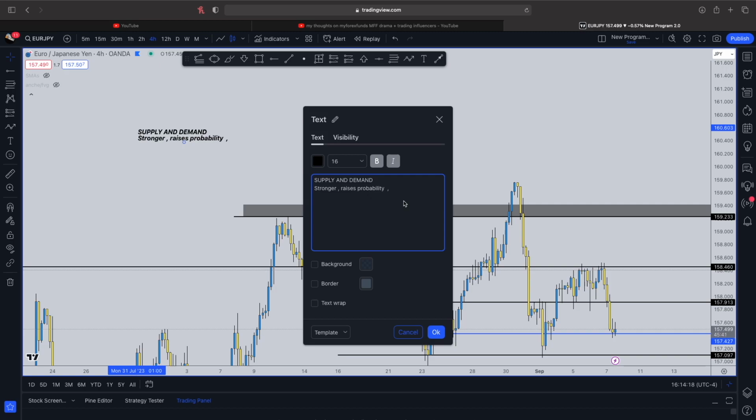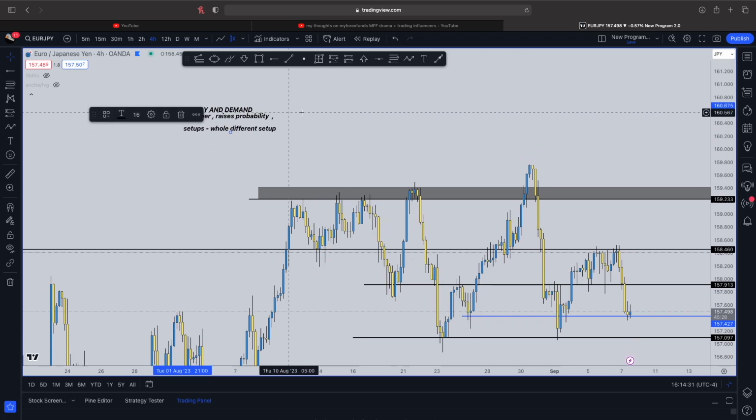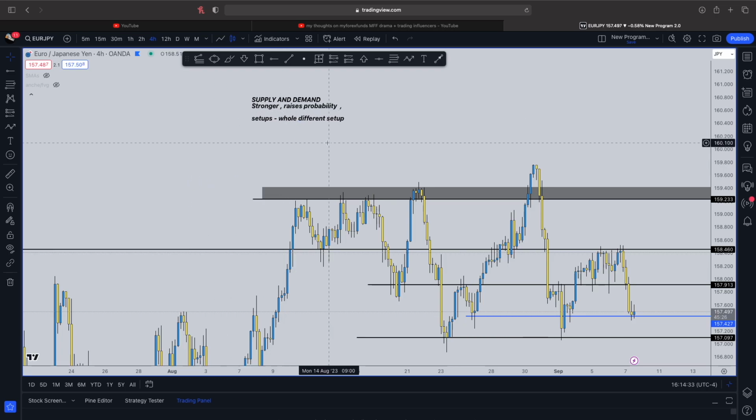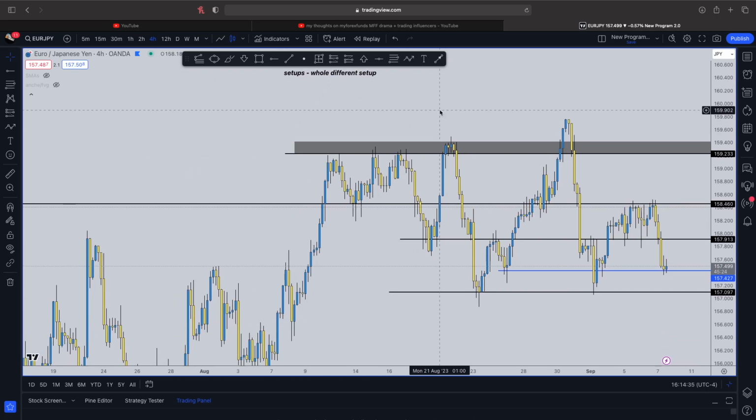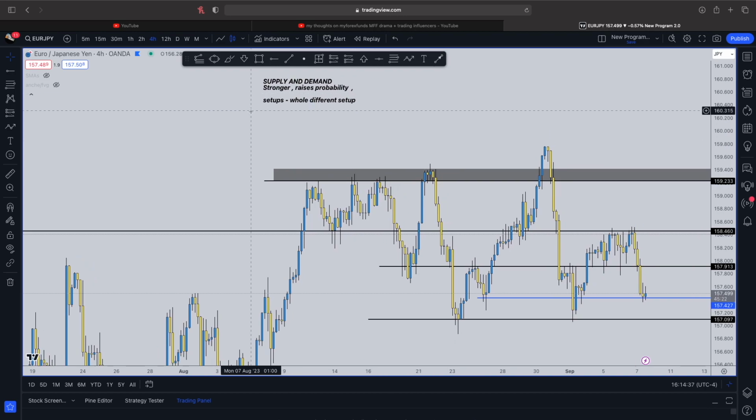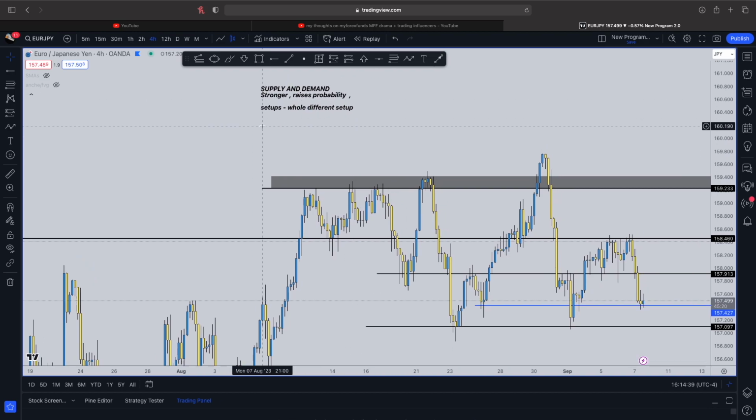And the difference with a supply and demand area is that you can trade it from a whole different setup. What I mean by that is that when you have a supply and demand area and you've marked off the levels that make it one, you can take a trade off a setup on the supply and demand area that doesn't have any other confluences.